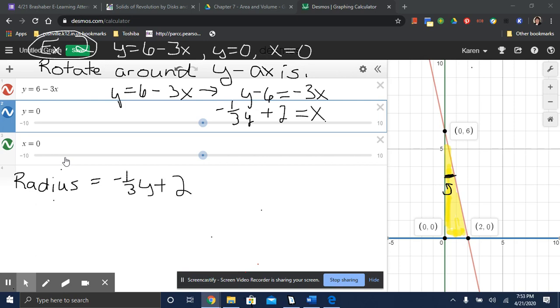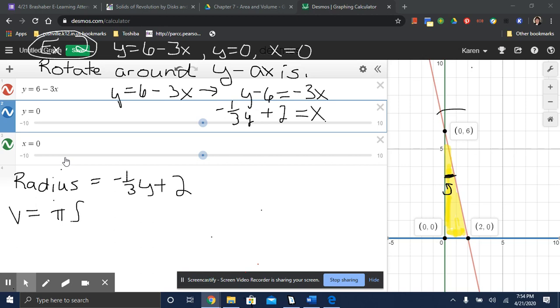So we're still working on a disk, which is essentially a very flat cylinder. So our volume is going to be found by doing basically the volume of a cylinder. So pi. Now we're going to integrate, and this time we're integrating with respect to the y-axis.